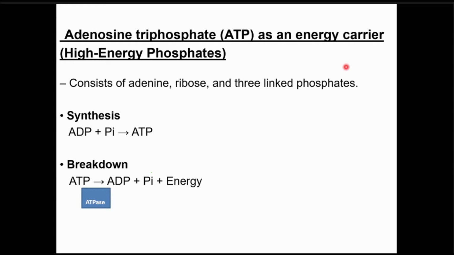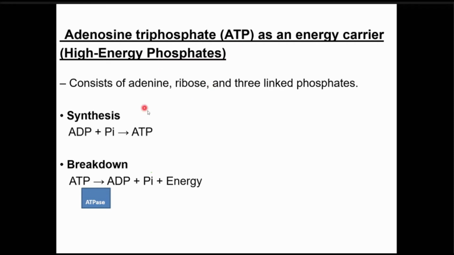The energy in the cells needs to be carried. And it is carried in the ATP, in the bonds of the phosphates, and we will see. That's why it's called high energy phosphate, because the energy is stored in the phosphate bonds.